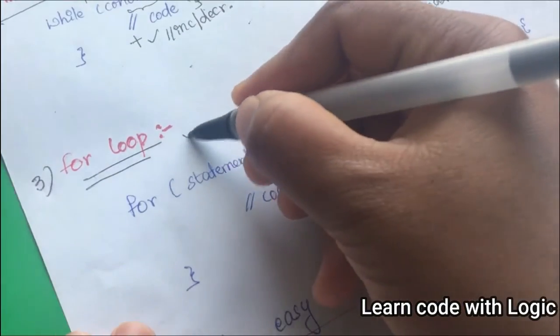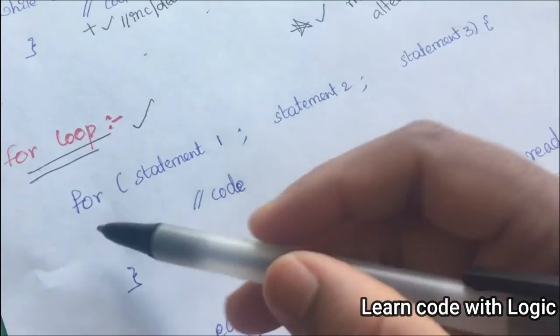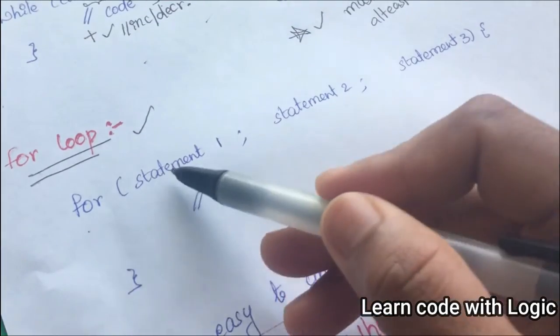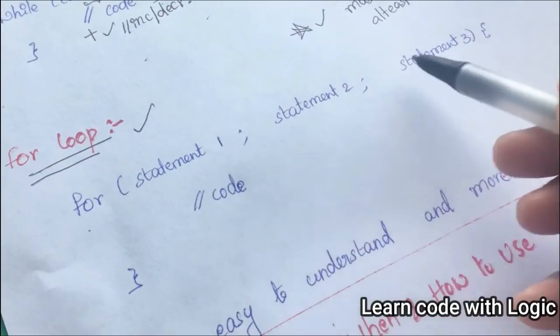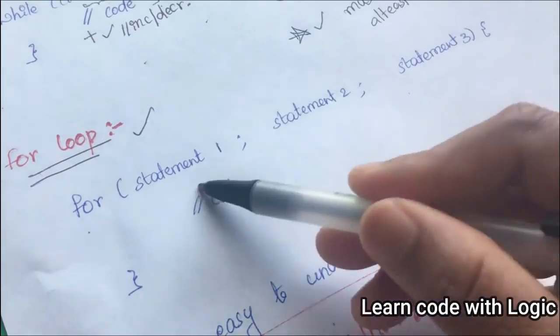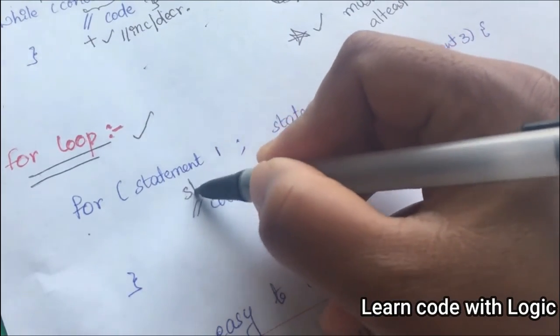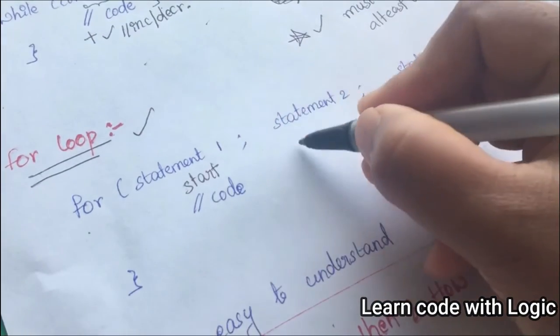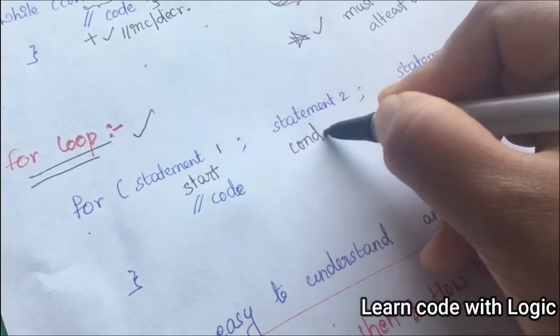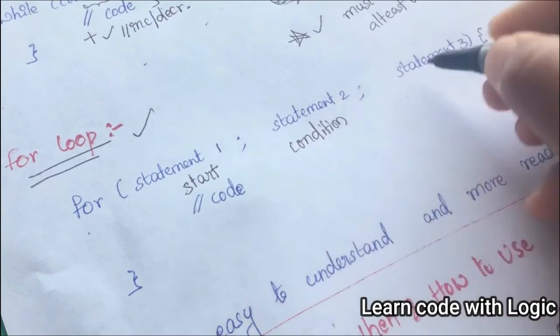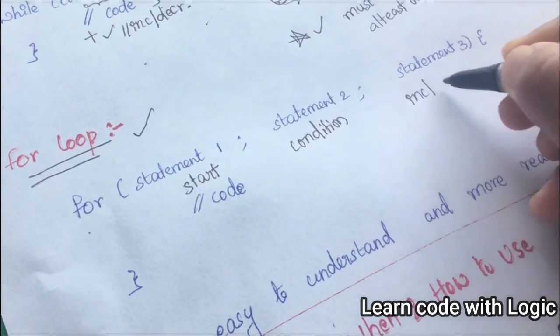Now the important one is for loop. In for loop the syntax is like this. We have to give three parameters. The first parameter is starting point, second one is condition, third one is increment or decrement.